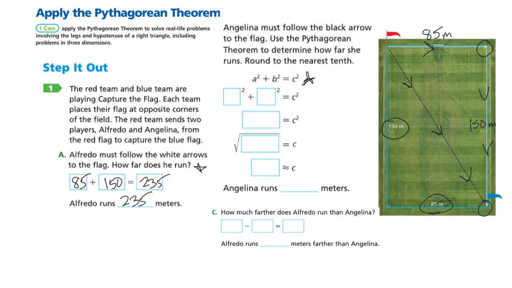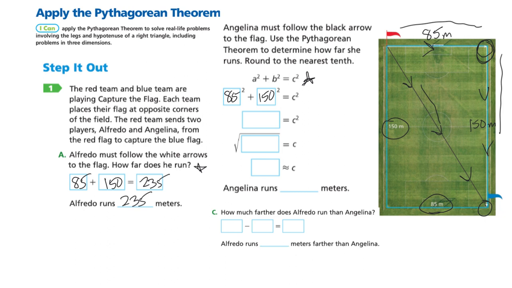It tells us that the squares of the 2 legs should equal the square of the hypotenuse. So this longer side that's opposite the right angle, which would be here, is the hypotenuse. That would be your c. So a squared plus b squared equals c squared. We're just using the information there: 85 squared plus 150 squared equals c squared.